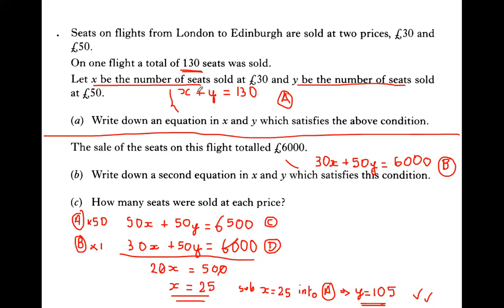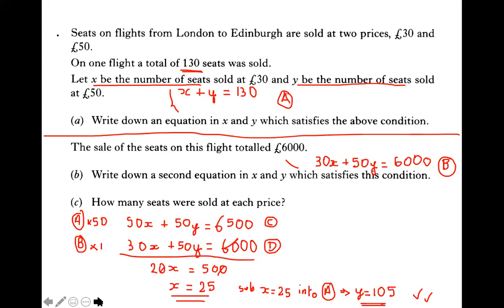But to be honest, it's so easily done. Me, I was looking at this thinking, oh, they're talking about 6,000. Is that £50 times 50 times X? No, you just take your time, read it, and usually you should be okay.